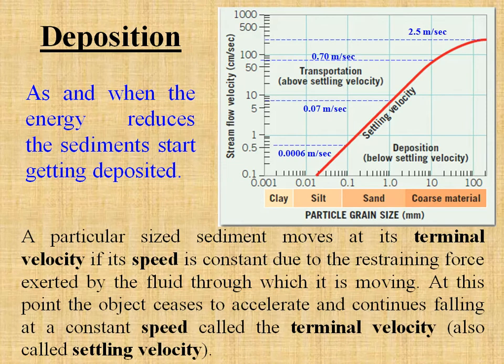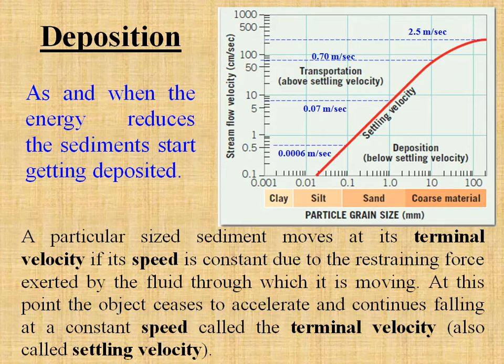Now this is very important and we must understand. There is a term known as the settling velocity, or it is also known as the terminal velocity. Now what is terminal velocity? A particular size sediment moves at its terminal velocity if its speed is constant due to the restraining force exerted by the fluid through which it is moving.